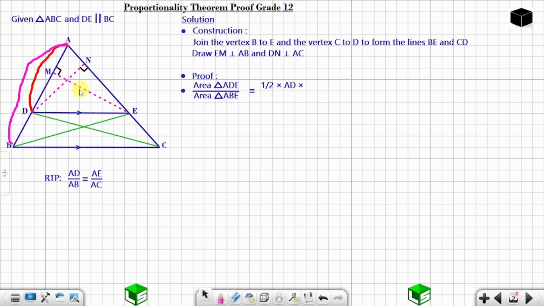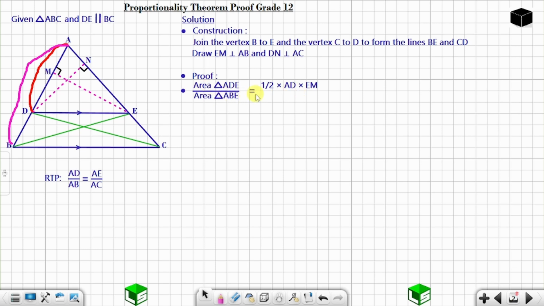The height is EM. You always have the height perpendicular to the base. EM is perpendicular to AD, so AD is the base, EM is the height, so that this formula can hold.